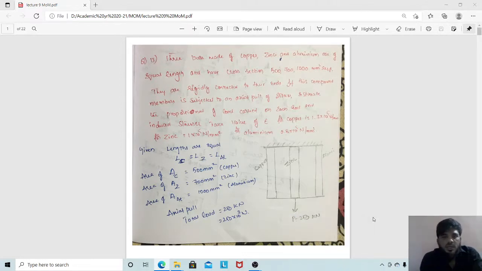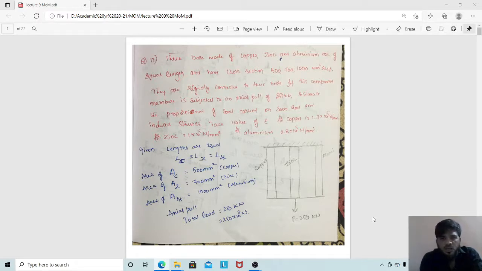So the problem is given as above: 3 bars made of copper, zinc and aluminum are of equal lengths. They have clearly mentioned equal lengths, having areas of cross section 500, 700 and 1000 mm square respectively. They are rigidly connected at their ends.